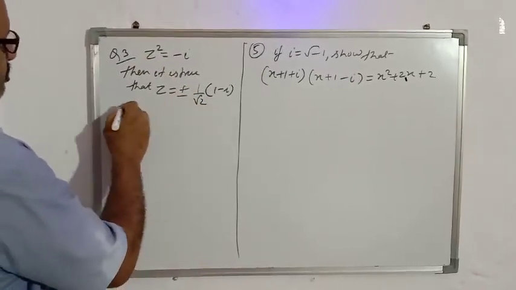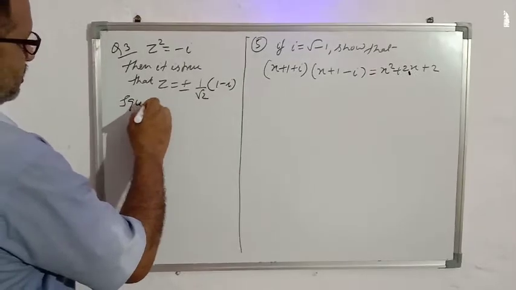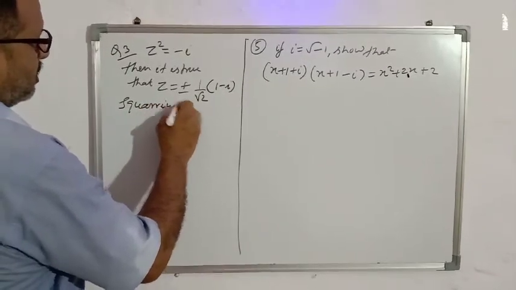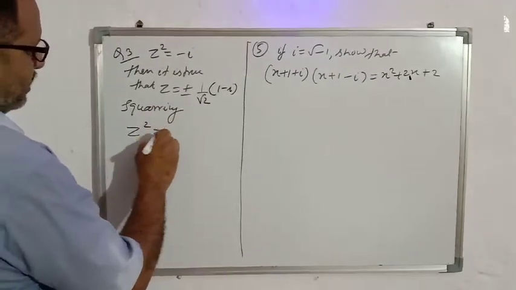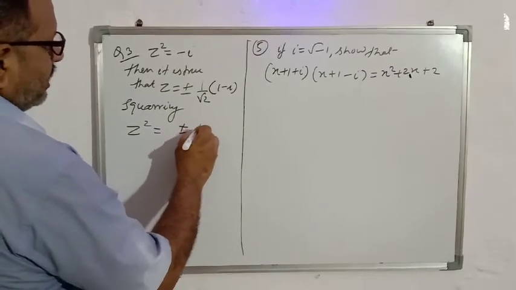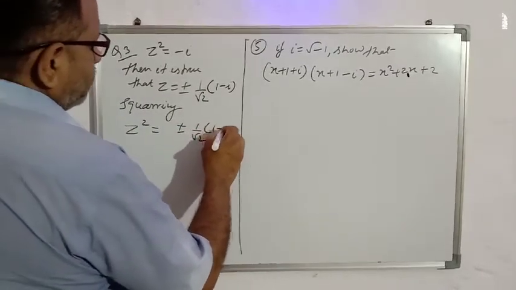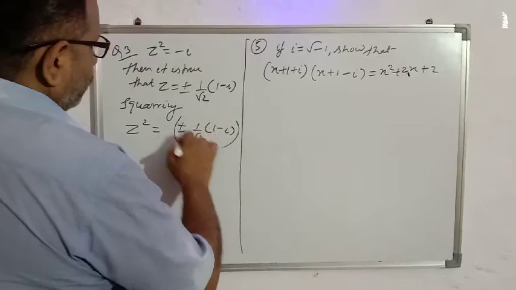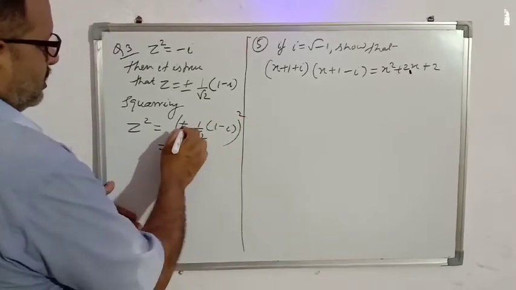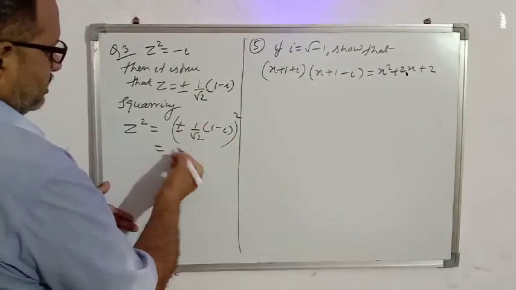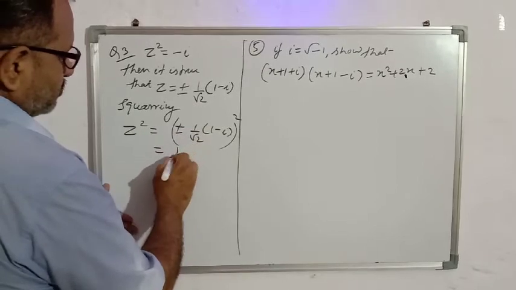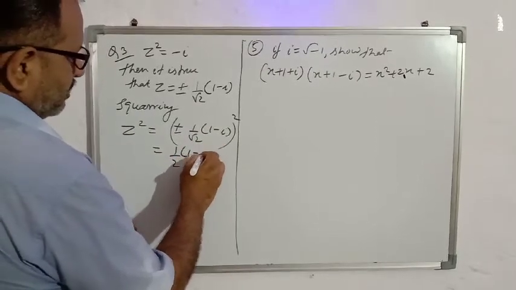So squaring on both sides, we will get z square equal to plus minus 1 by root 2 into 1 minus i whole square. Square of plus minus is always plus. 1 by root 2 square is 1 by 2, into 1 minus i square.